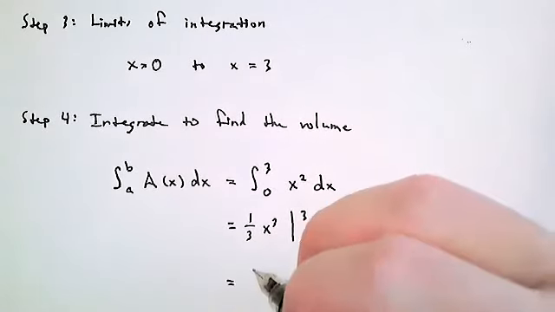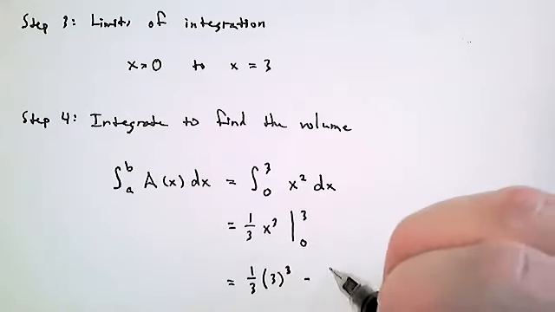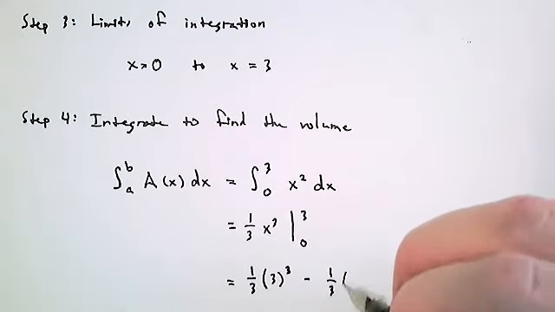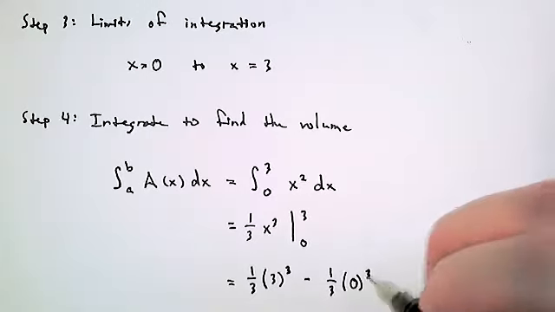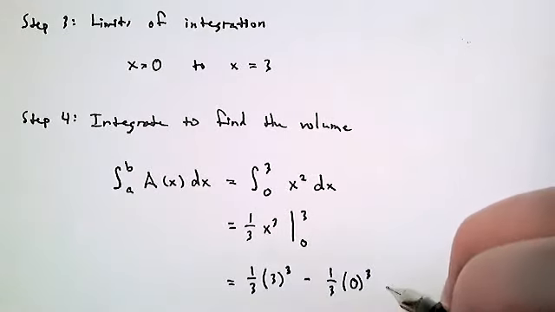So this is 1/3 times 3 cubed minus 1/3 times 0 cubed. 1/3 times 0 is nothing, and 1/3 times 3 cubed is 1/3 times 27.